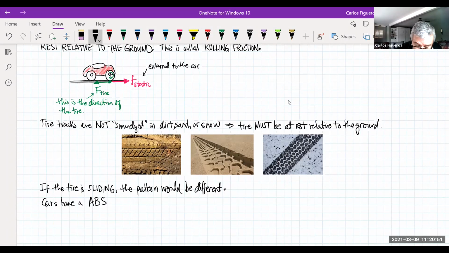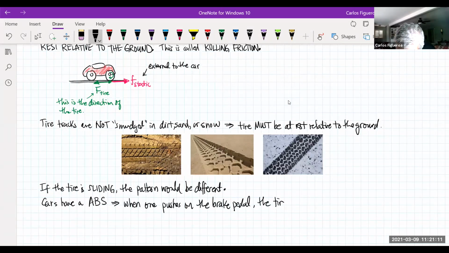And what that does here is that when one pushes on the brake pedal to stop the car, the tires continue to roll.